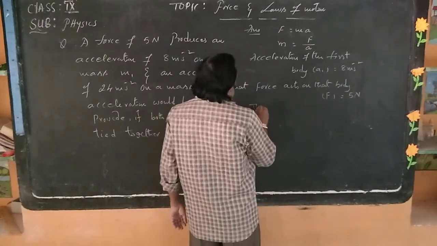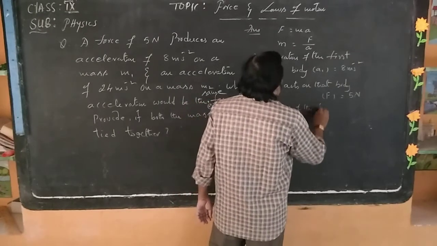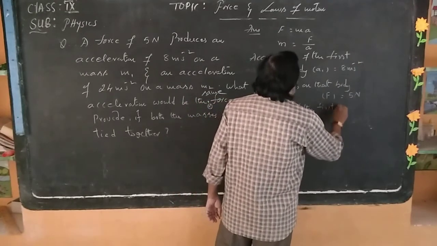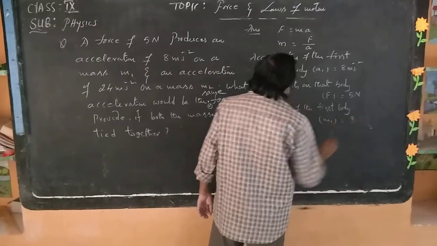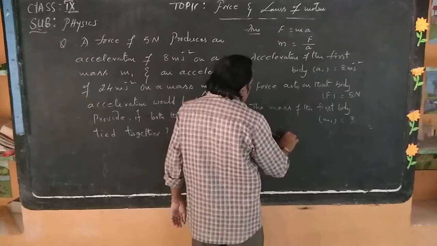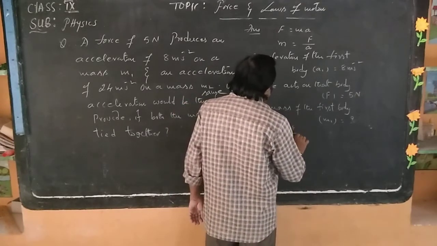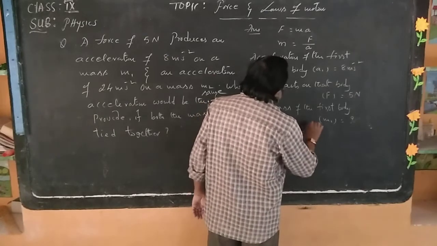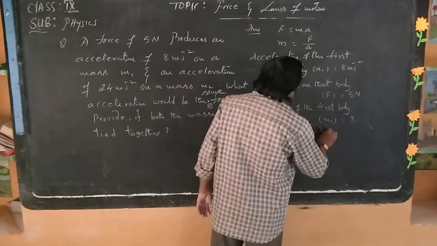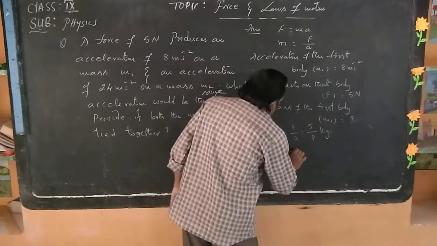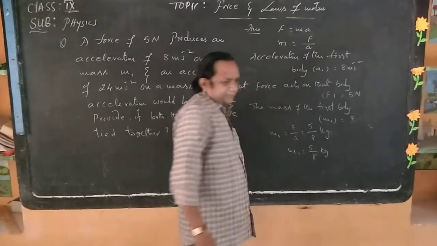Now the mass of the first body, m1 is equal to how much? F by A. F is 5 newton, A is 8. So m1 is equal to 5 by 8 kilogram.